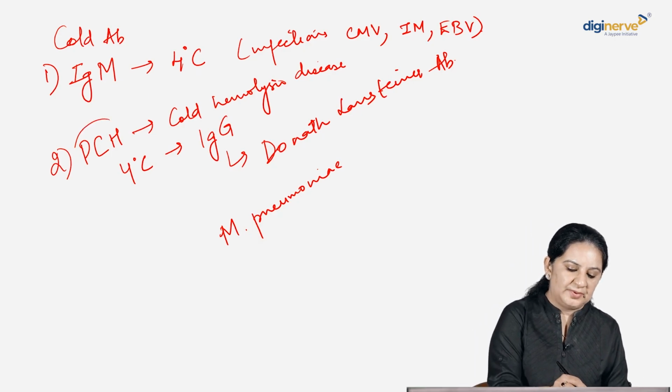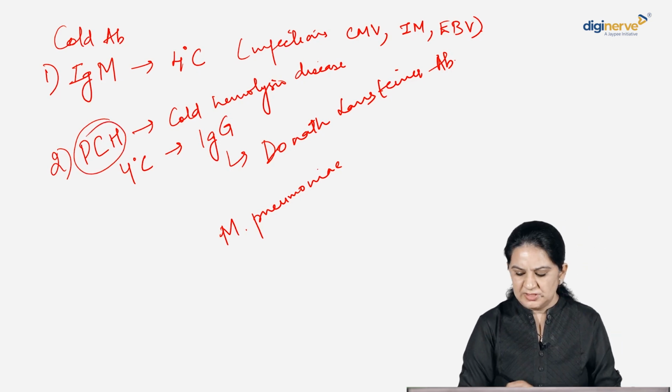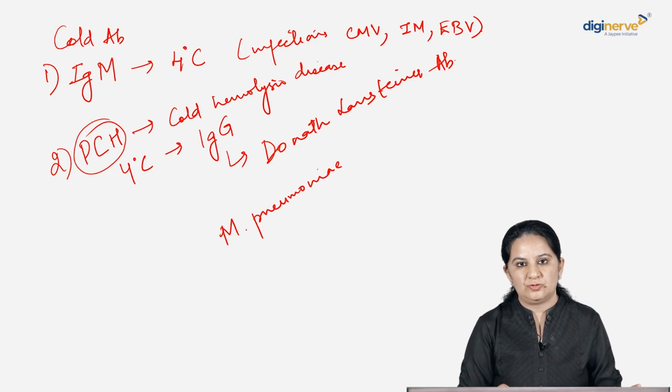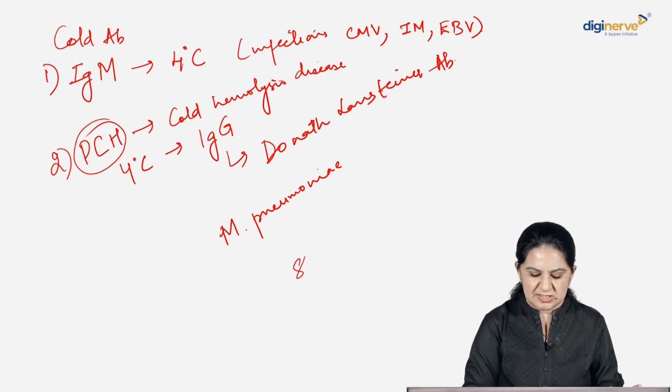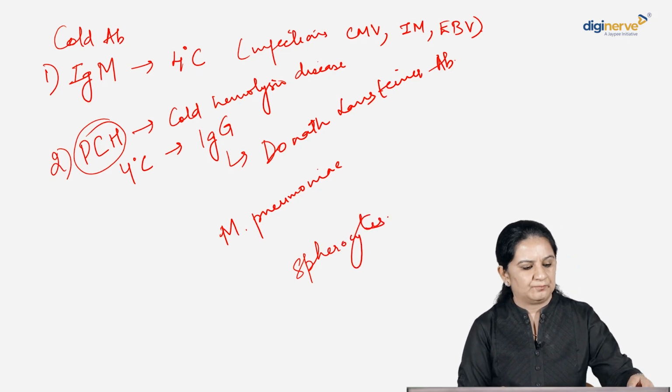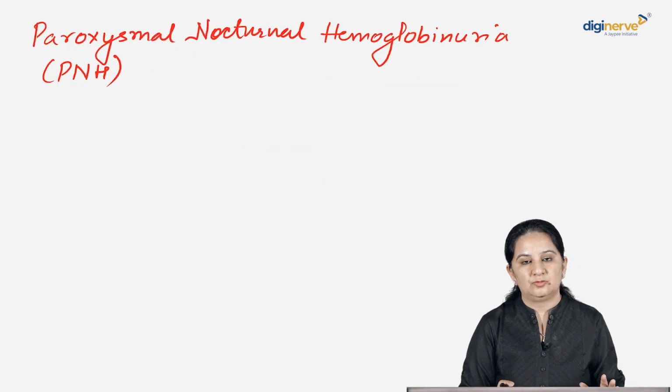It is paroxysmal cold hemoglobinuria. Here also you will see spherocytes. Just like in the warm antibody, here also in the cold antibody you will see spherocytes, but they will be less marked.